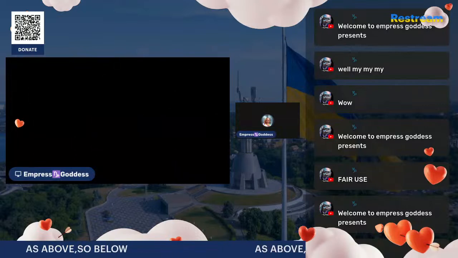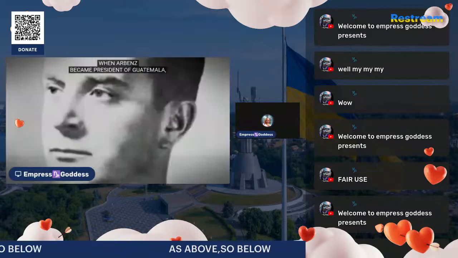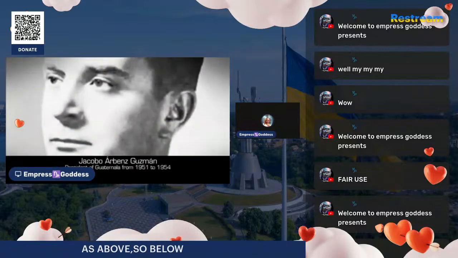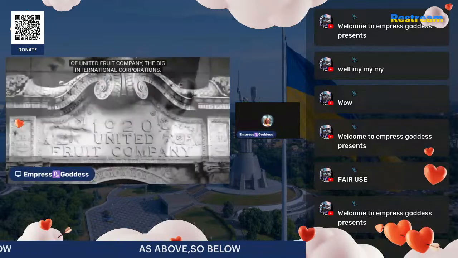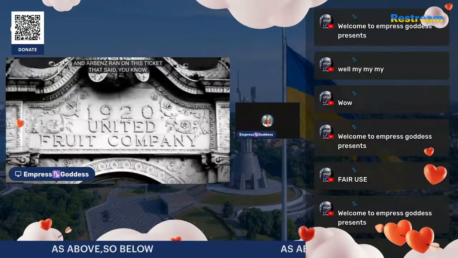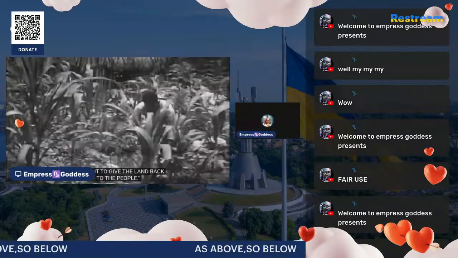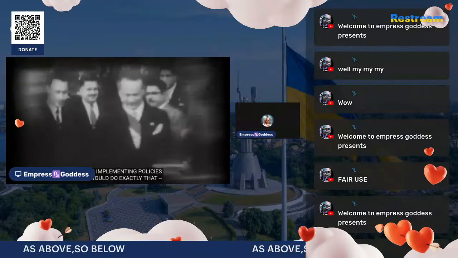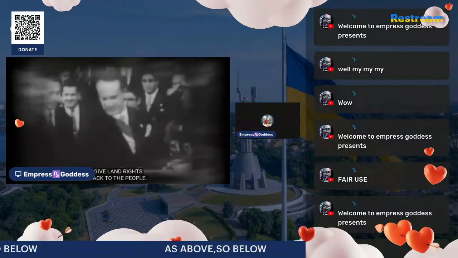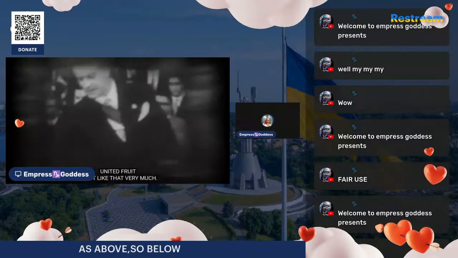When Arbenz became president of Guatemala, the country was very much under the thumbs of United Fruit Company, the big international corporations. And Arbenz ran on this ticket that says, we want to get the land back to the people. And once he took power, he was implementing policies that would do exactly that, give land rights back to the people. United Fruit didn't like that very much.